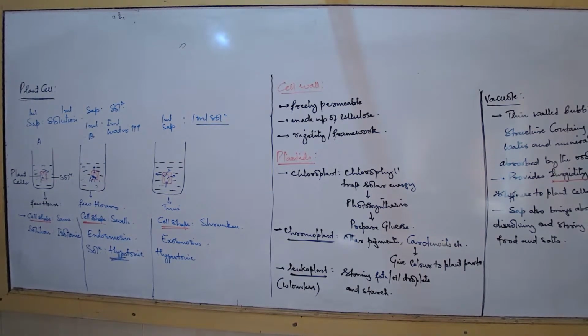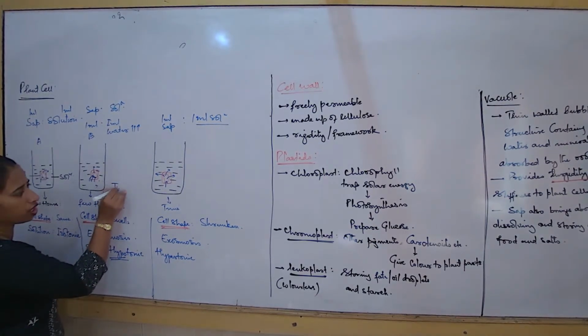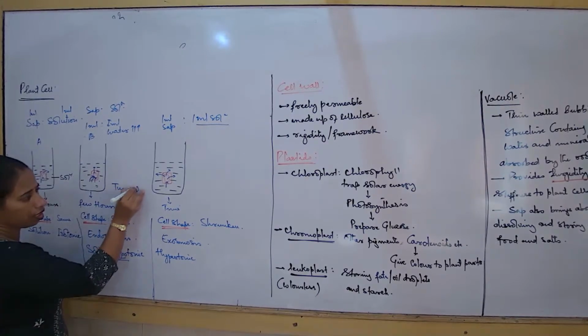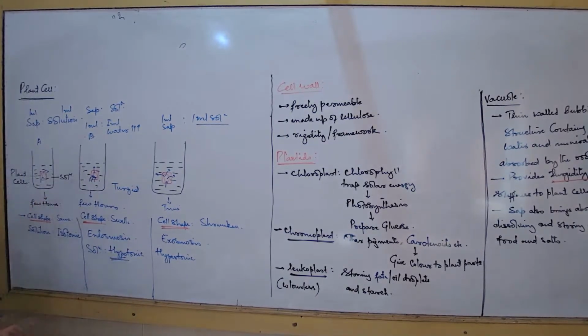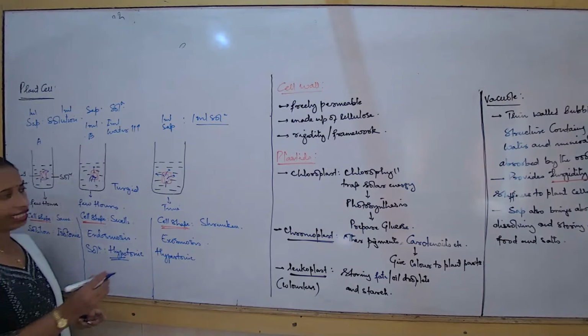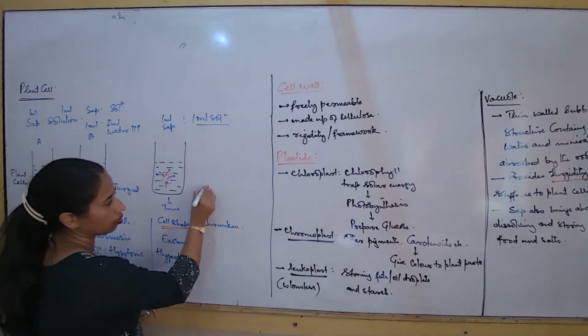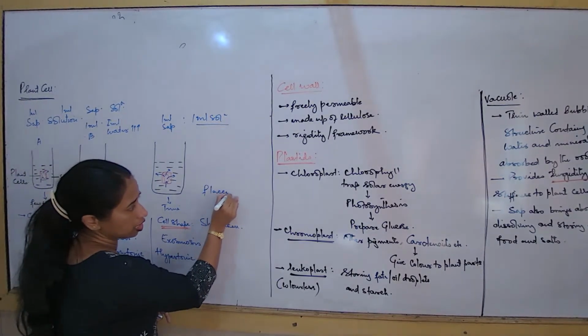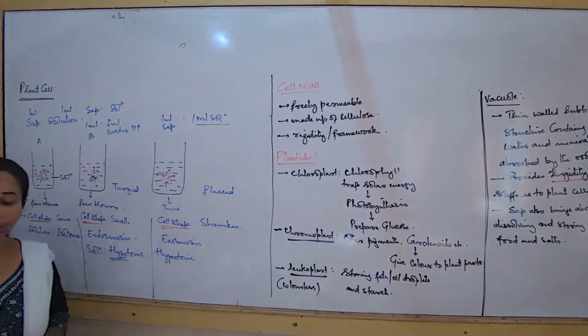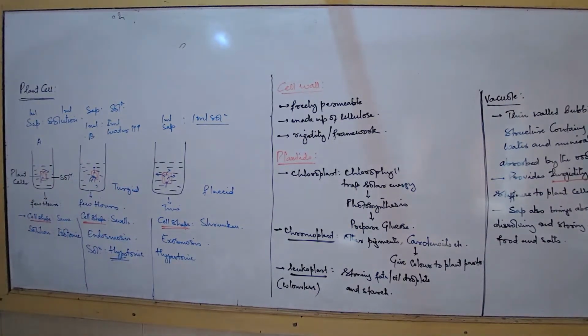The cells become turgid and swell up. Other side, exo: cells become flaccid and shrink.